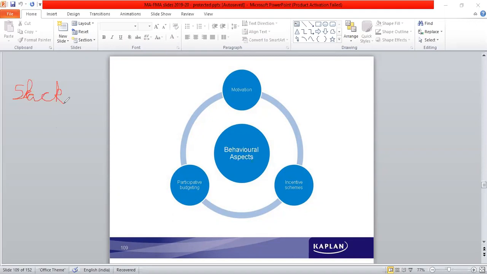If they are attractive, they put in their efforts to work towards the achievement of the targets. So the incentives should motivate the employees to work harder and then receive the incentives. If they are very minimal, they do not feel motivated in the first place to work hard and receive the incentives from the organization. So these are all about the behavioral aspects.